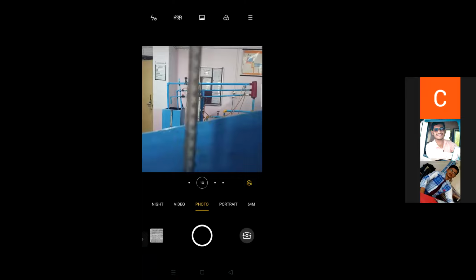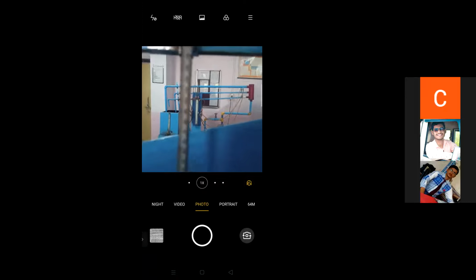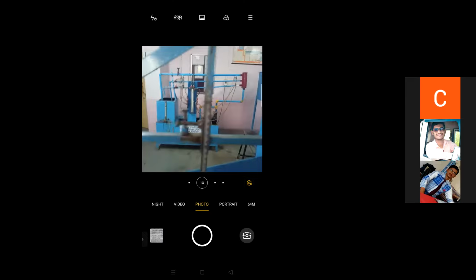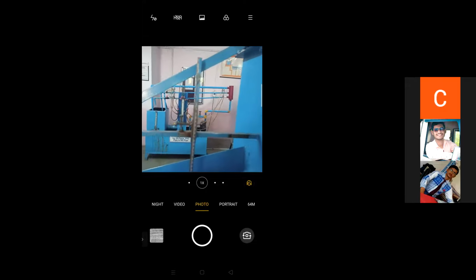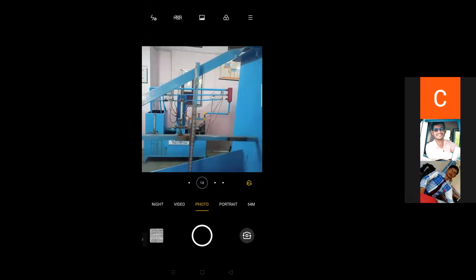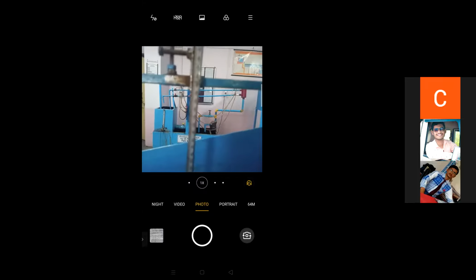The reading is coming as 155, 155. Okay, and this is the y reading, right? Y2 reading. Y1 reading was 115, right? And Y2 reading is coming as 155.